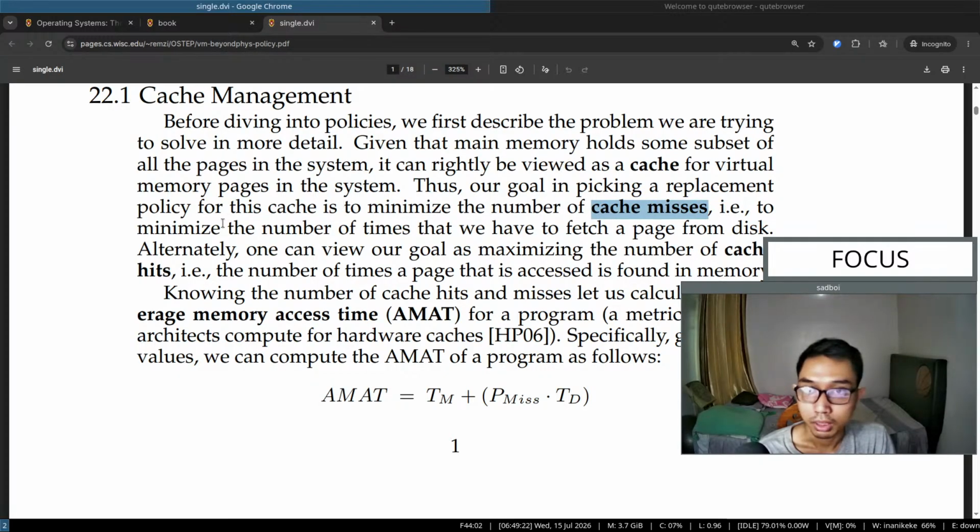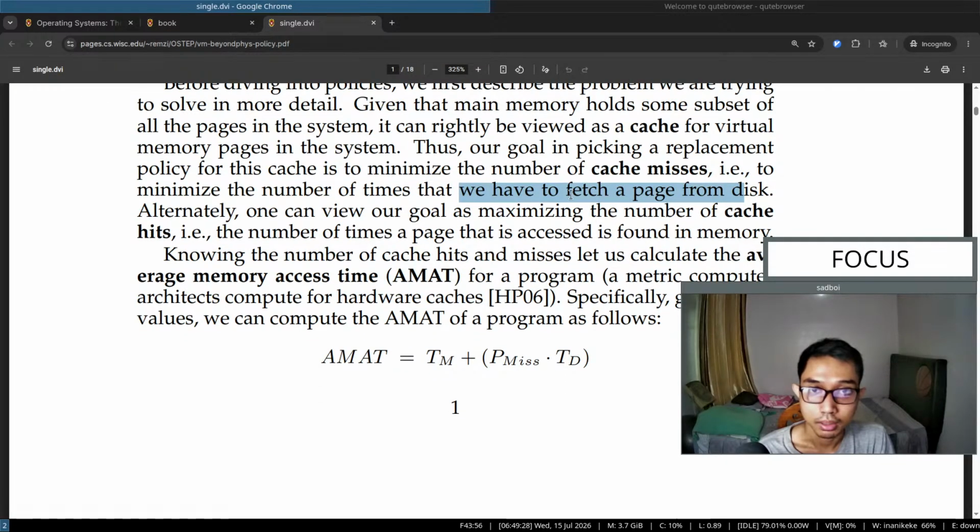That is, to minimize the number of times that we have to fetch a page from disk. Alternately, one can view our goal as maximizing the number of cache hits, that is, the number of times a page that is accessed is found in memory.